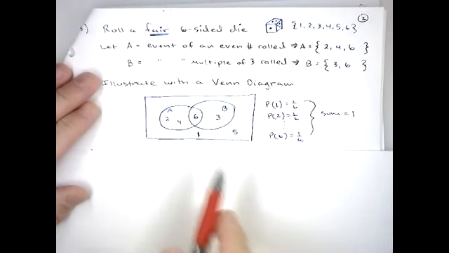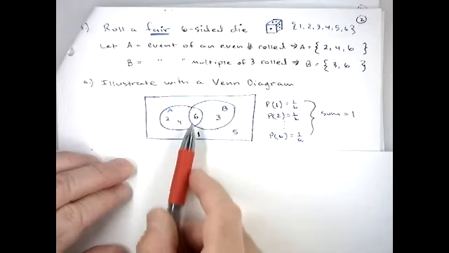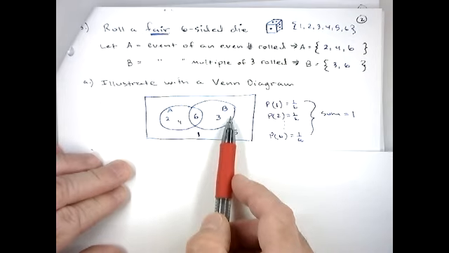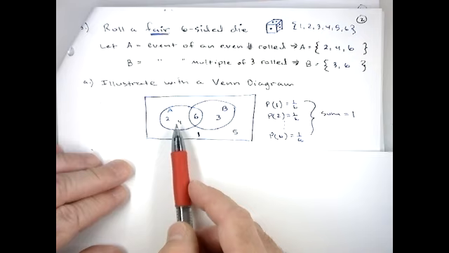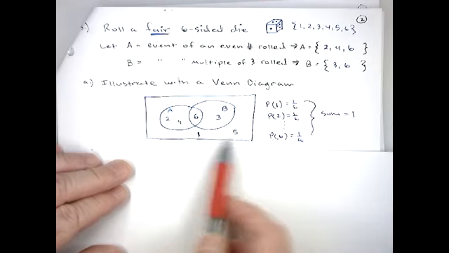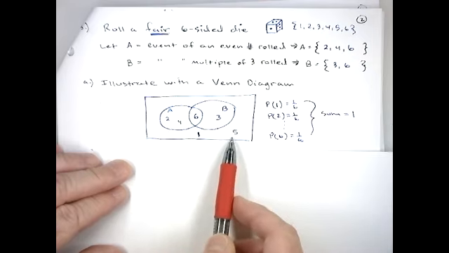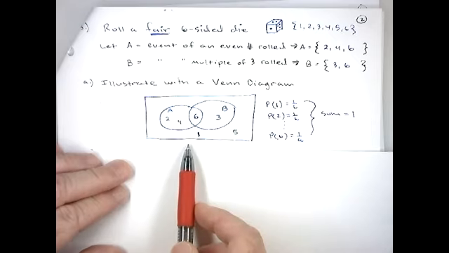So with a Venn diagram, we can think of our whole world as inside this rectangle here. A, represented with this oval, is all of the even numbers, 2, 4, and 6. B is the multiples of 3, 3 and 6. So it makes sense to put 6 in the overlap between A and B, since that happens for both events A and B. Now 1 and 5 are not even or multiples of 3, so they would just lie outside the circle.